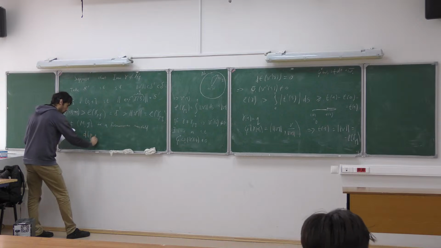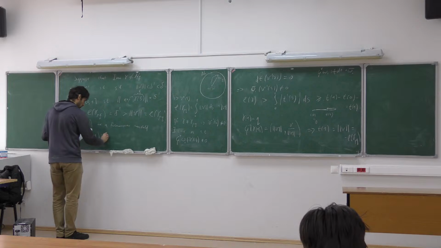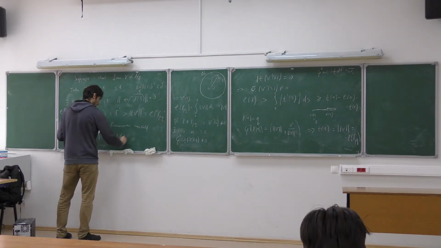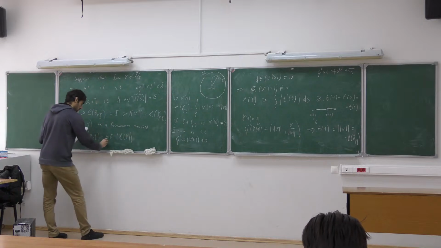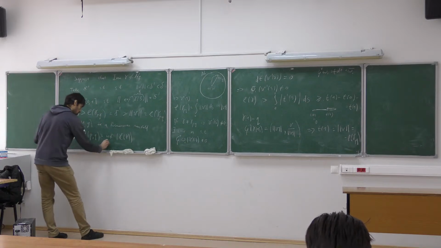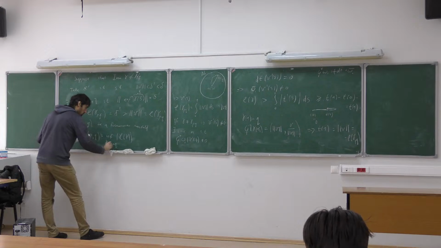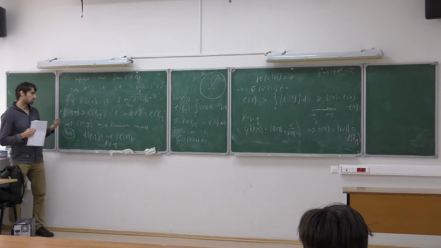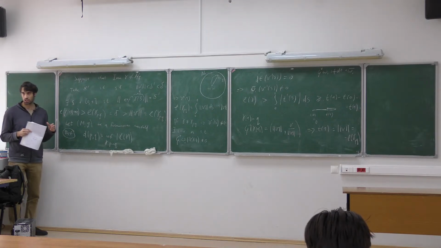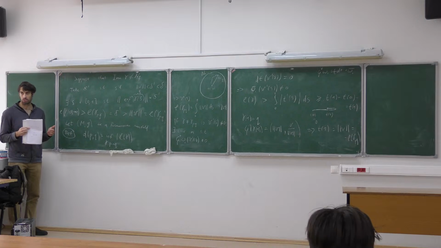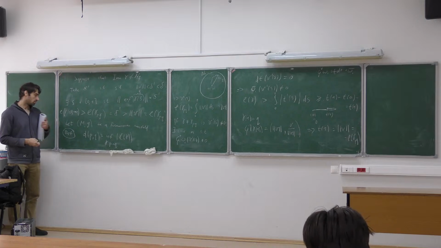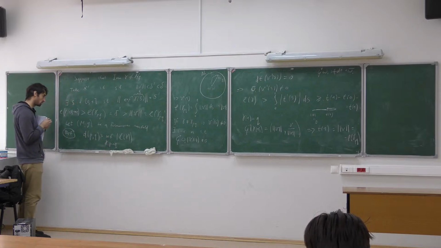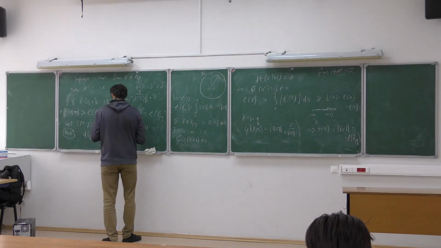D of PQ is just the infimum of all lengths of curves that go from P to Q. Lengths do not depend on parameterization, because this is just a change of variable in the integral. So L of gamma really depends on the curve, and this is the definition.